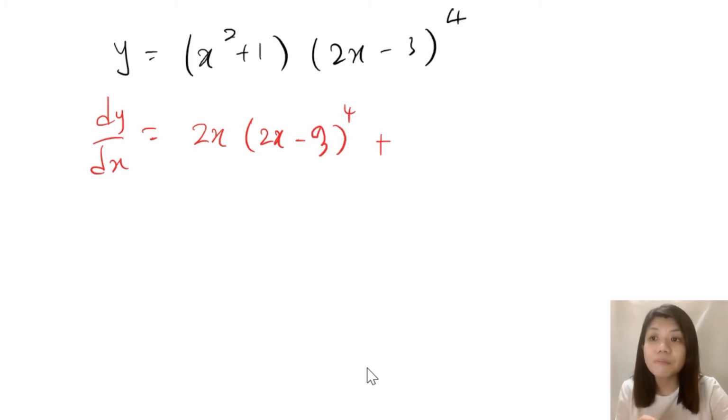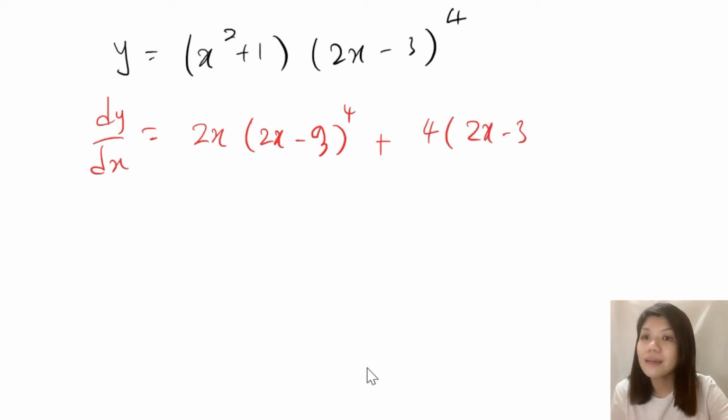The second party is the tricky part, but no worries because we have already learned the chain rule, right? So differentiating this one here, bring your power down, power minus 1, and multiply by the derivative of what is inside. And don't forget to multiply with the first one, because it's already so long, many of us would forget to add back the first party.